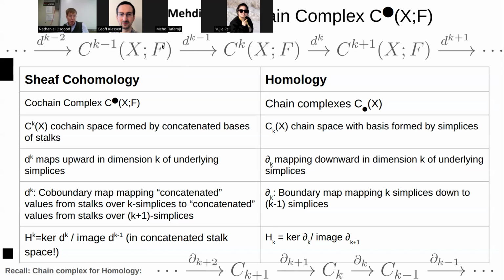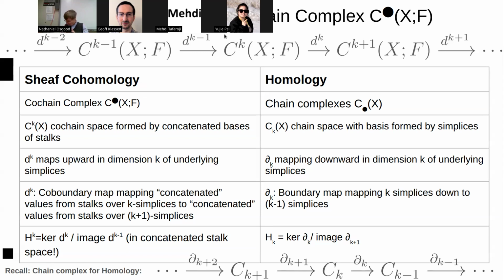The vectors over C sub k do not have, for sheaf cohomology, a basis given by the simplices. No, their basis is given by the concatenation of the stalks over the simplices of dimension k. That's what the vector space is for C upper k.